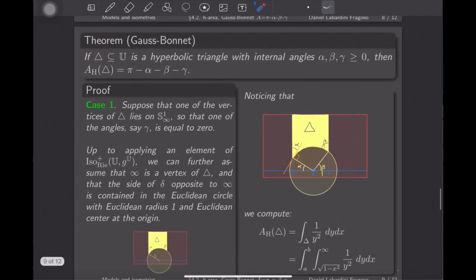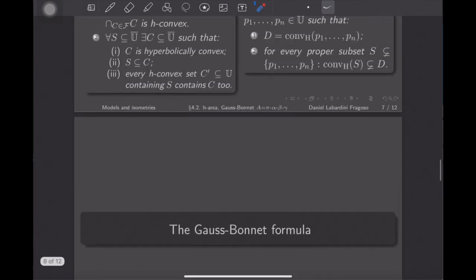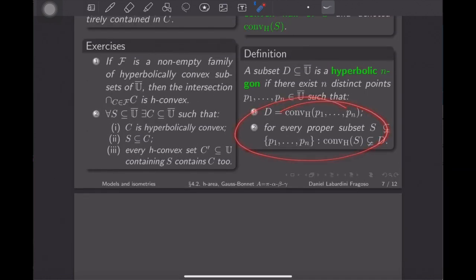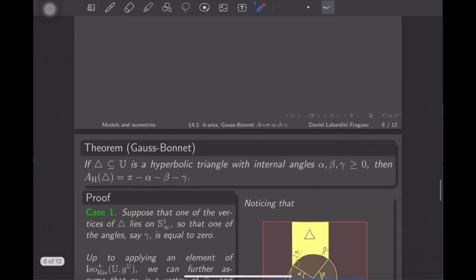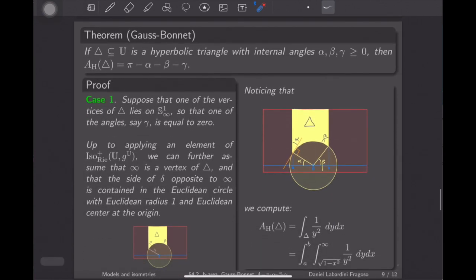In other words, those 3 points are not hyperbolically collinear.